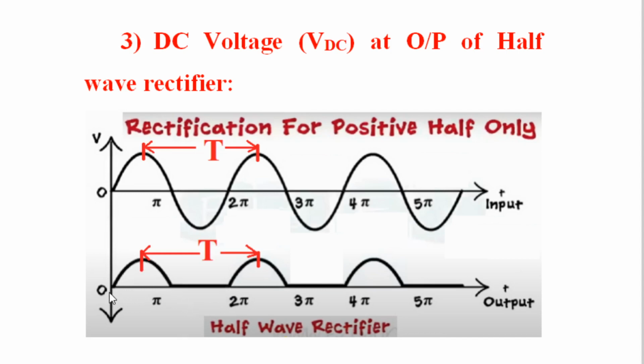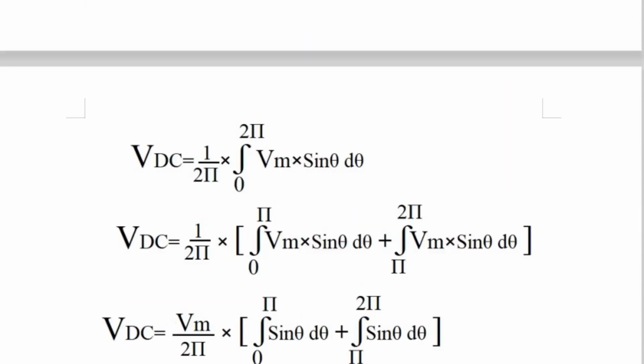Our one cycle will be from 0 to 2 pi. But remember, from 0 to pi only the current flows. Of course we are talking about without capacitor, and from pi to 2 pi current will not flow, therefore VDC is given by the equation.